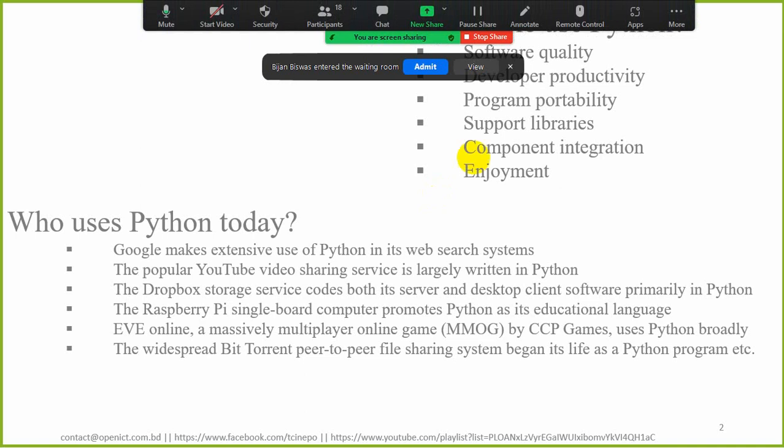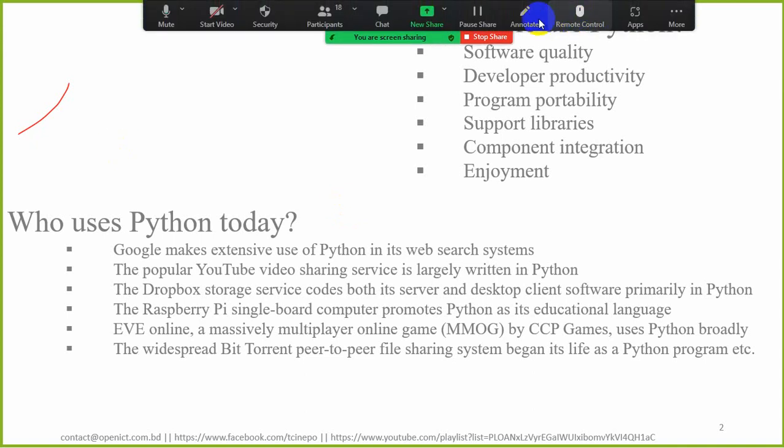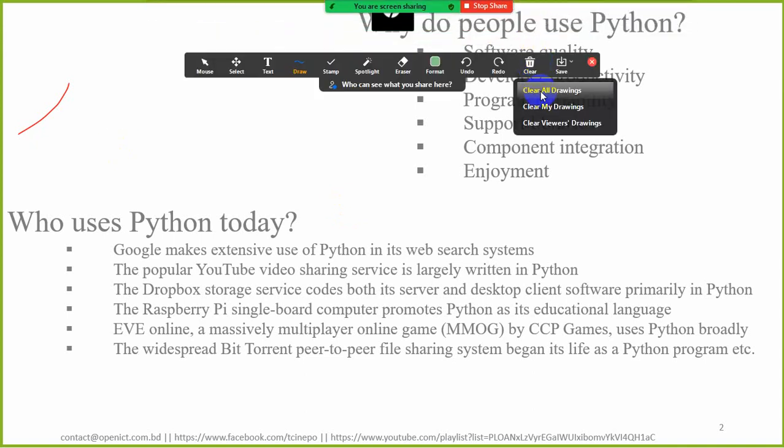There are lots of examples that use Python. Nevertheless, you can use Python for gaming. You can develop web applications using Python, like PHP, like Java.